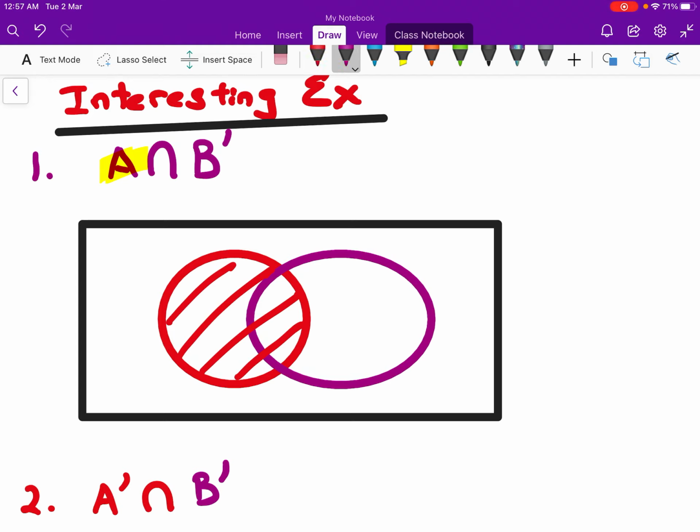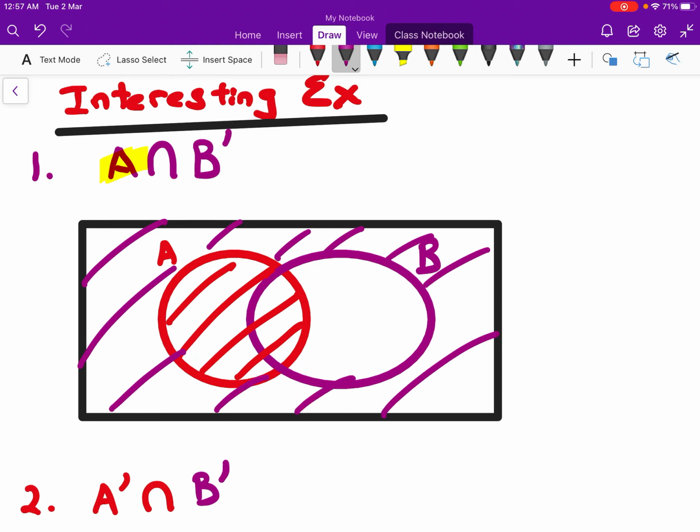Not B, it's B complement. B is this, A is this. B complement is anything that is outside of B, which is this. And of course, don't forget this.